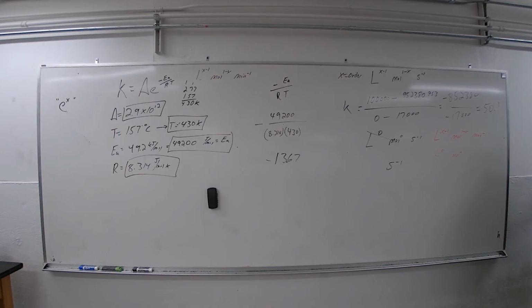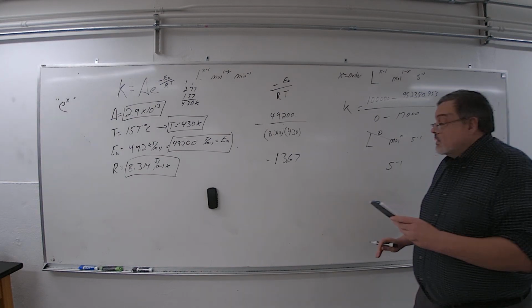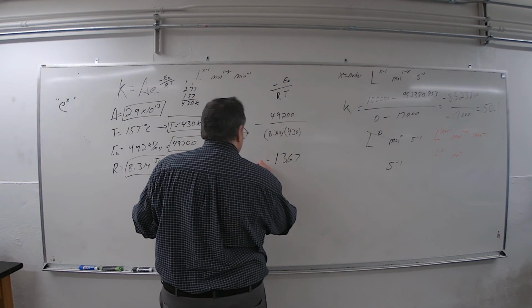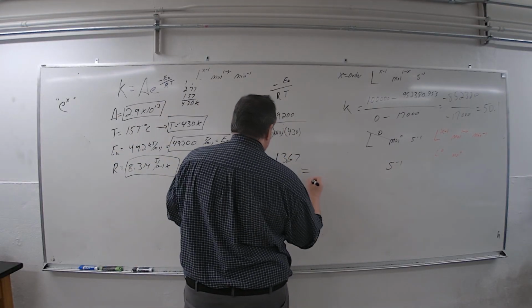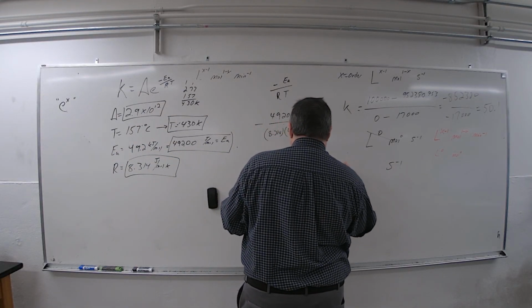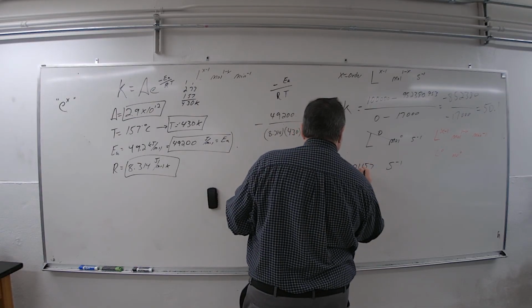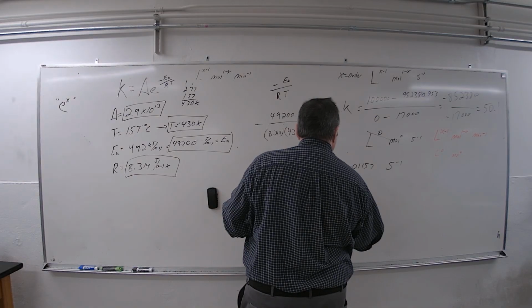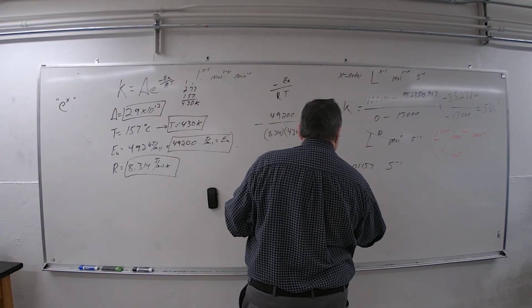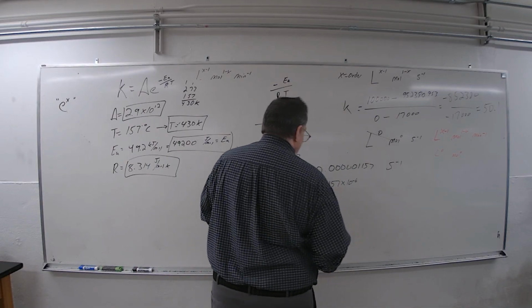Figure out this calculator. Again, e to the negative 13.67 has that.